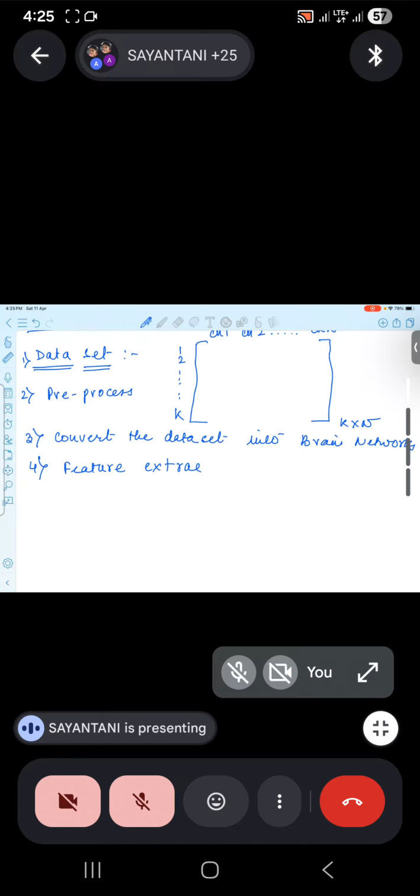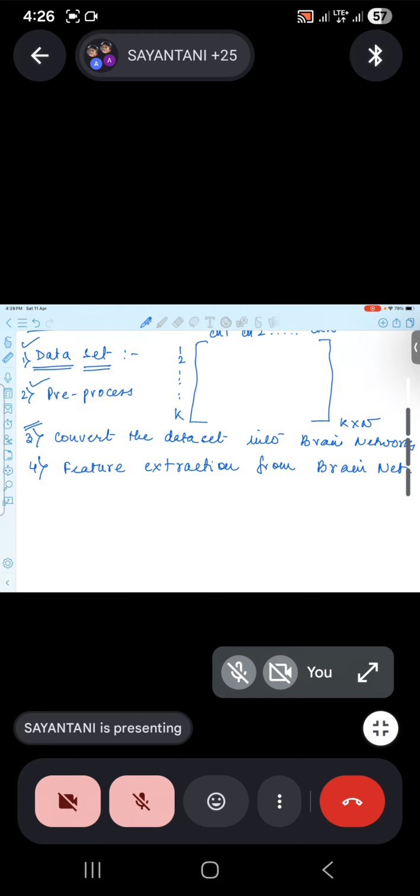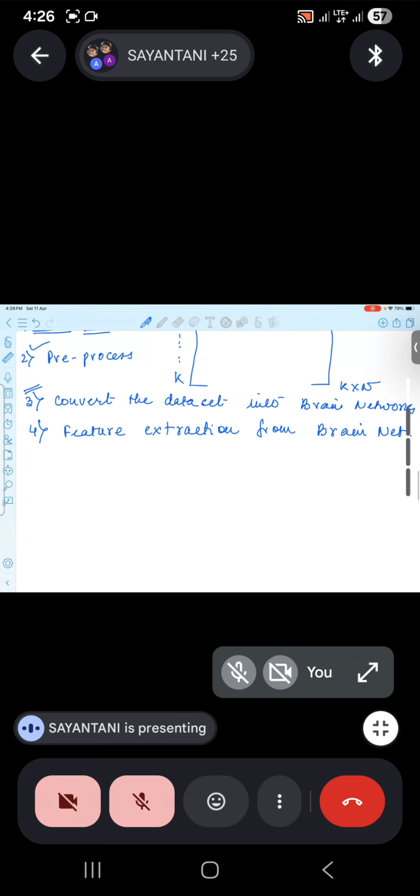So feature extraction from these brain networks. That would be your fourth step, right? So the first two steps are done. We first discuss the third step, that is to convert the data set into brain networks. So we begin with this topic, that is formulation of brain networks.